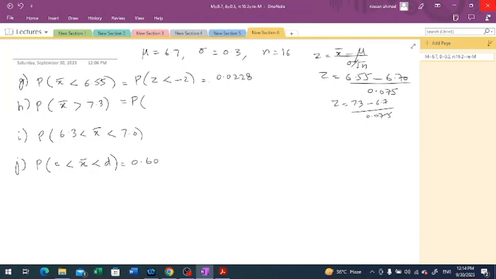I am also doing it on my part. 7.3 take away 6.7 divided by 0.075 gives you 8 as the z value. A very large value of z we are ending up with here.